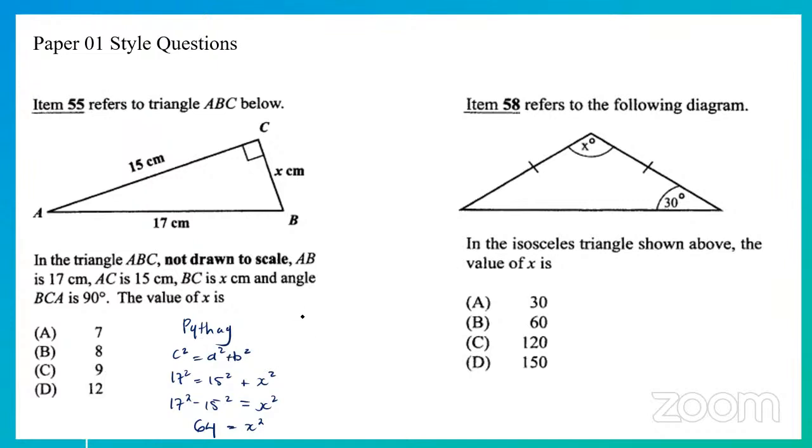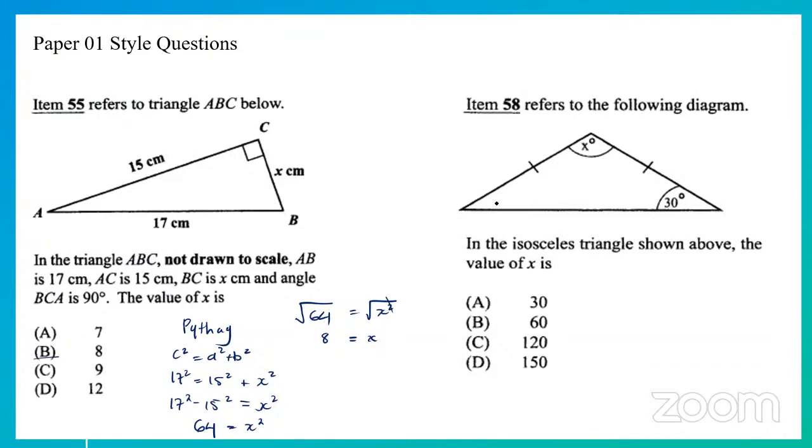So root 64 is equal to root x squared. And these cancel out each other, and the square root of 64, as we know, is 8. So 8 is equal to x. And here, 8 is that answer B, so you're just going to choose B.